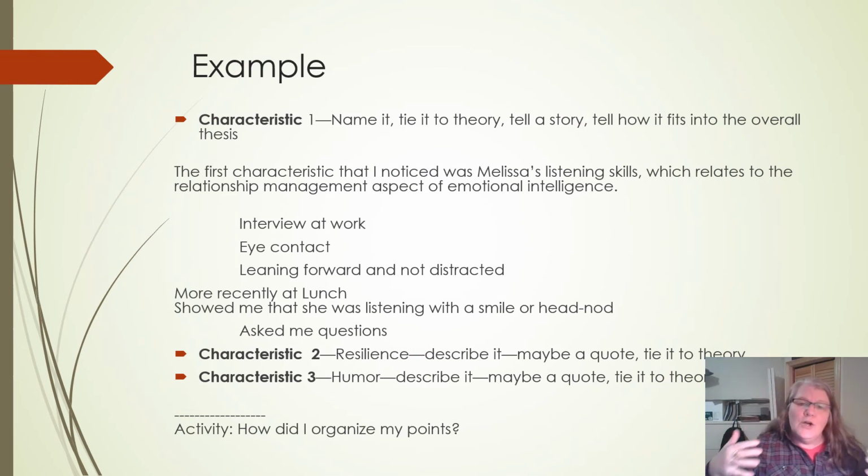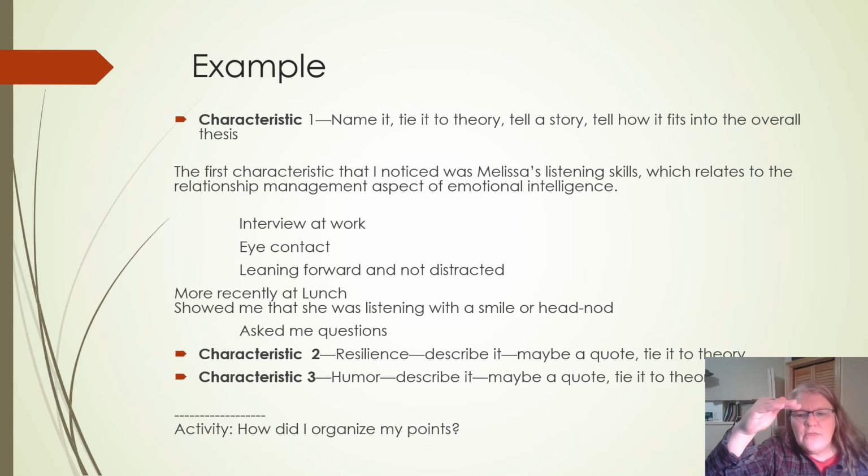Here, if I'm giving you my speech about my friend Melissa, I'm going to talk about the first characteristic that I noticed was Melissa's listening skills, which related to the relationship management aspect of emotional intelligence. And then the second characteristic I'm going to talk about is her resilience, and the third part that I'm going to talk about is humor.